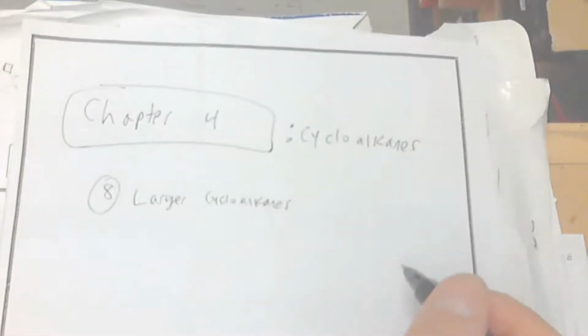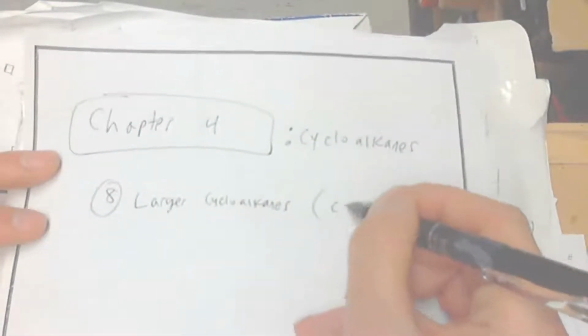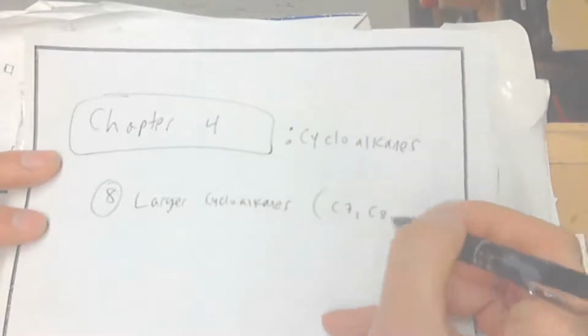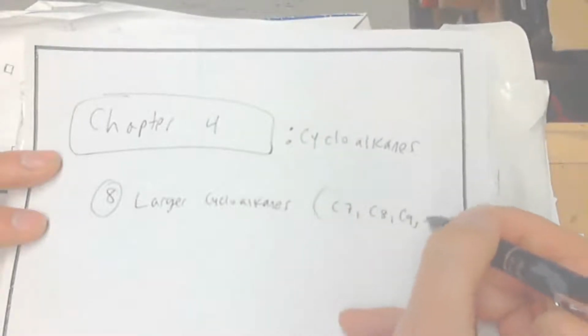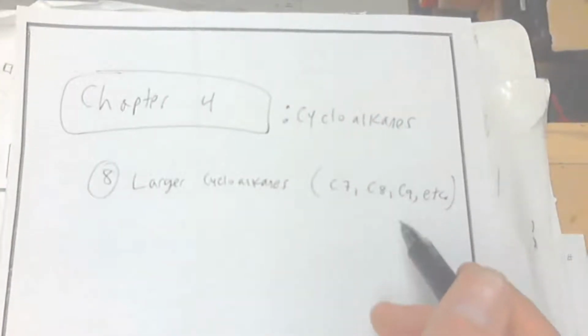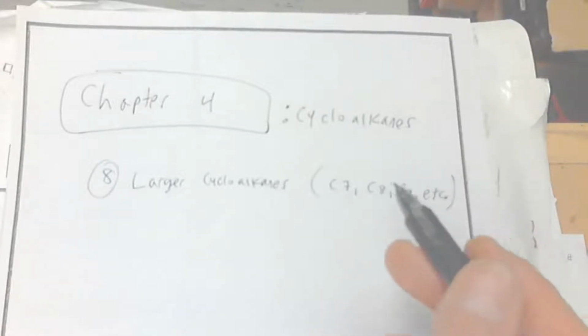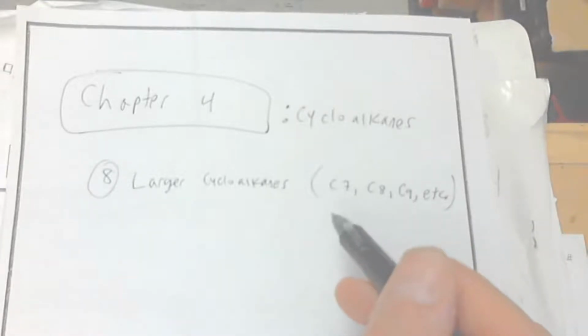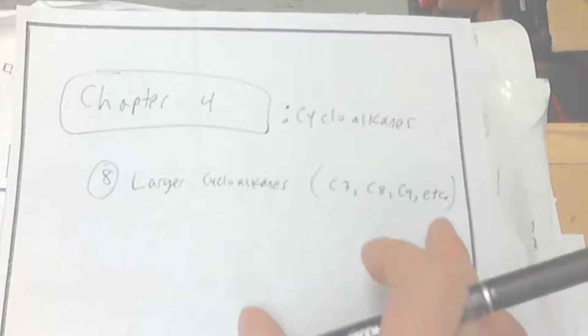When I say larger, I mean kind of like C7, C8, C9, etc., just larger than 6, because C6 was our standard cyclohexane, right? Most of the chapter was about cyclohexane, which was 6-member rings. We mostly did this already.